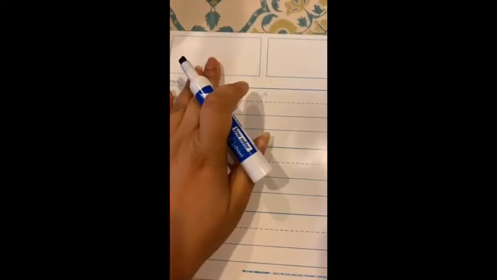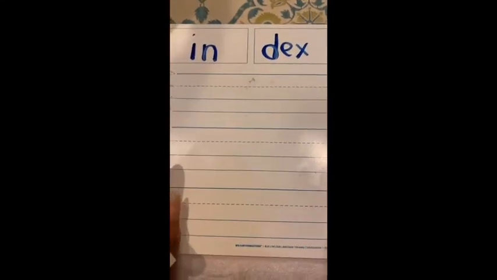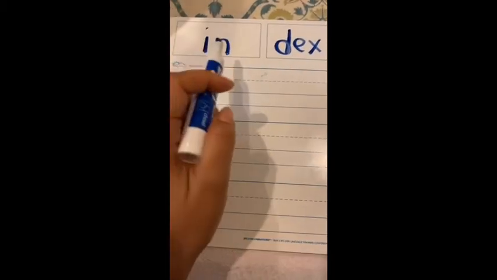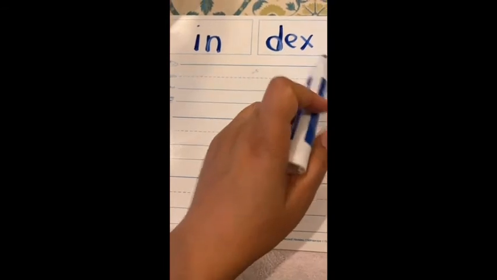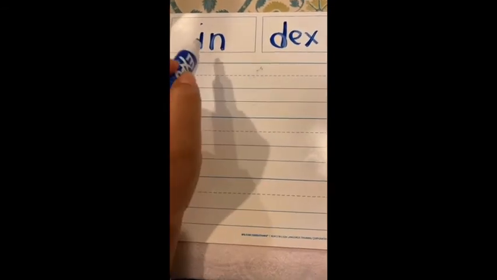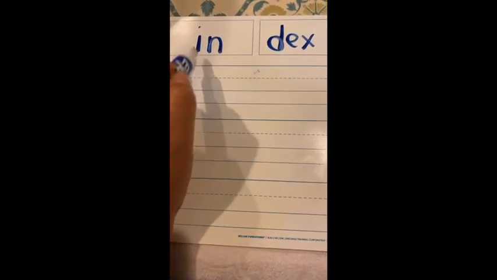Index. In, I-N. Dex, D-E-X. So if you all notice, I am no longer tapping out each syllable because we've moved beyond tapping out just the first sound of each syllable.